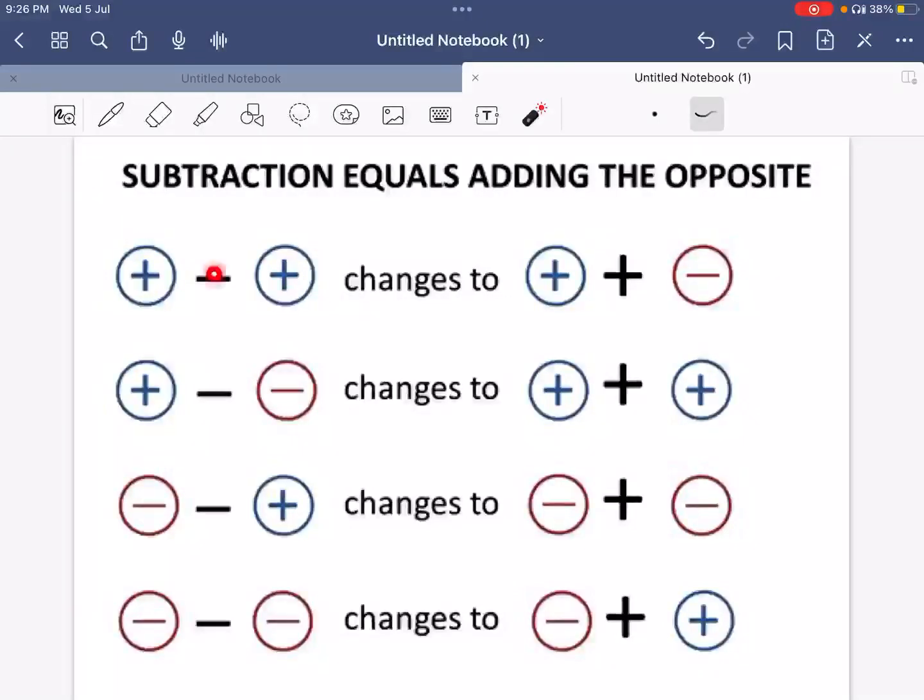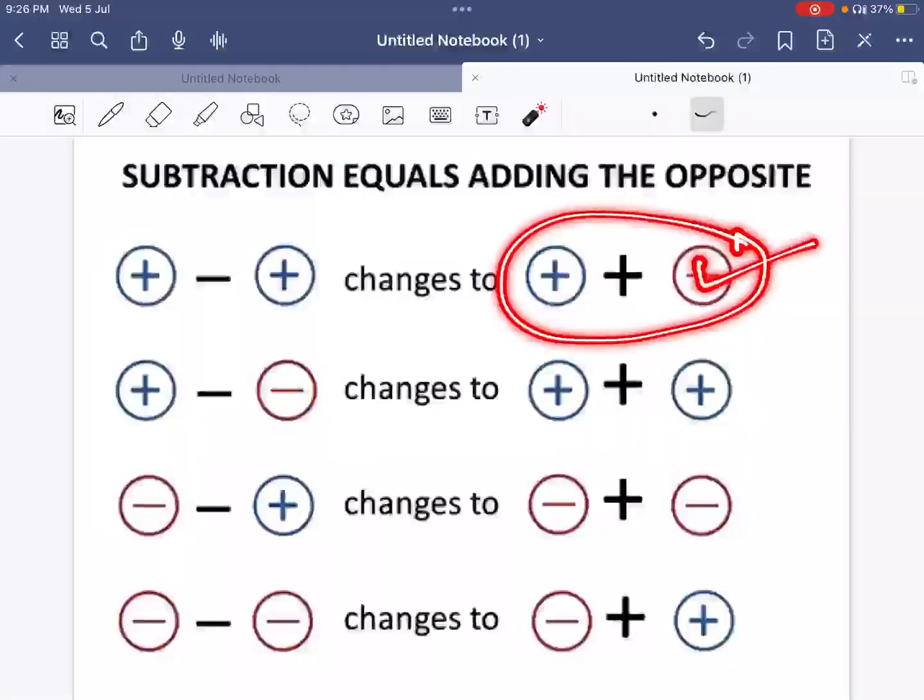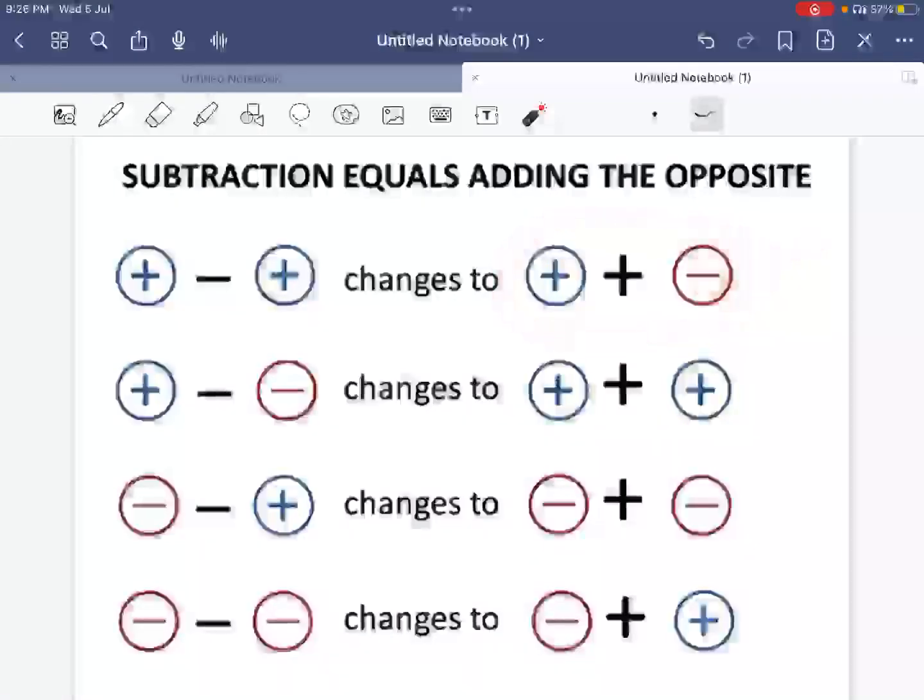This minus enters the bracket, so it becomes minus one, and outside the bracket, minus is already there, so we have to put a plus. As a result, we get first number positive plus second number negative. Clear? So likewise, sign change takes place.